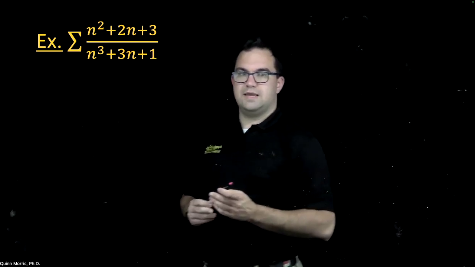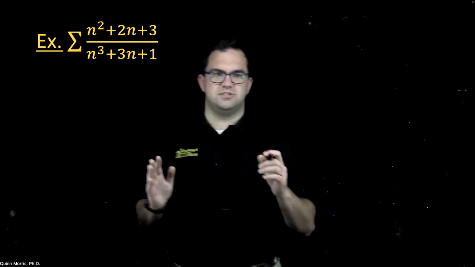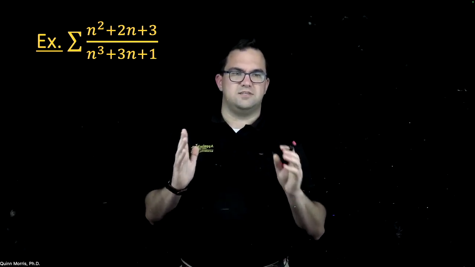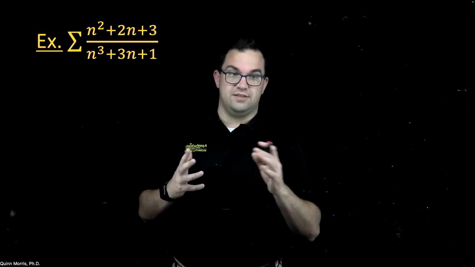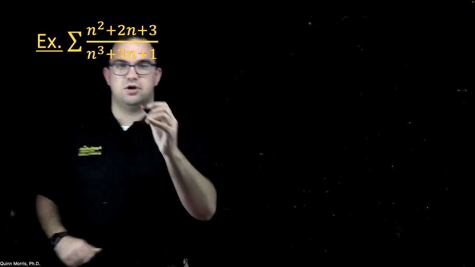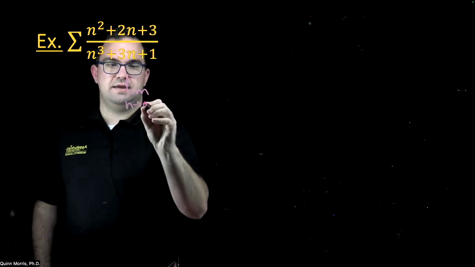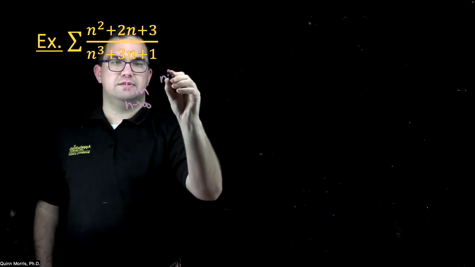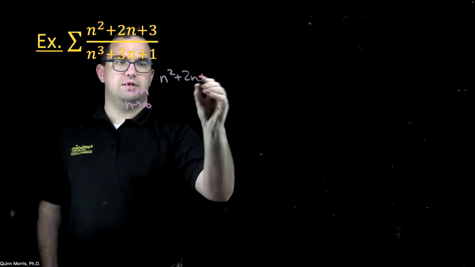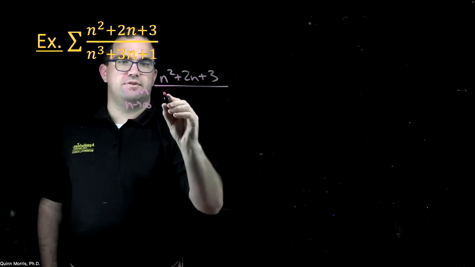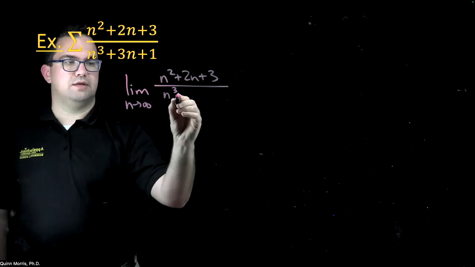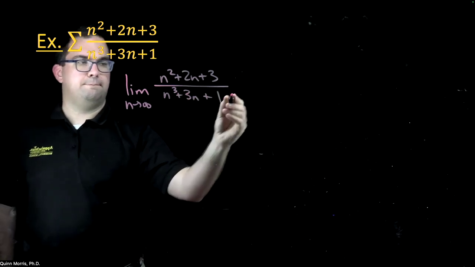Now again here, I want to know in this case just what does the test for divergence, or the nth term test, tell me about this series. So I'm going to look at the limit as n goes to infinity of n squared plus 2n plus 3 divided by n cubed plus 3n plus 1.